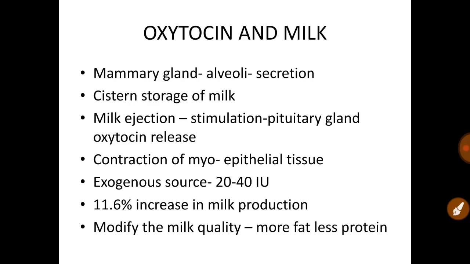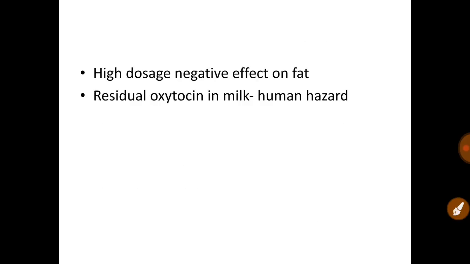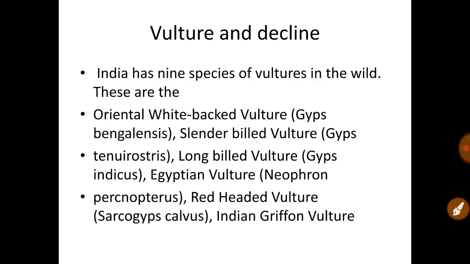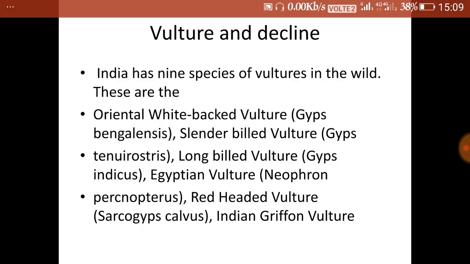Then milk ejection is stimulated by the pituitary gland's oxytocin release. Contraction of myoepithelial tissue, and then milk comes out through a pore, at about 20 to 40 IU.